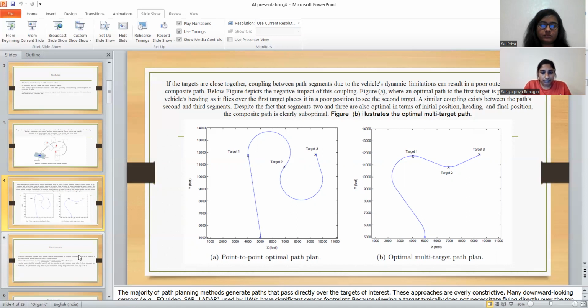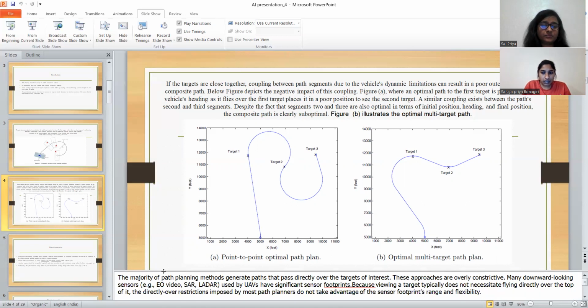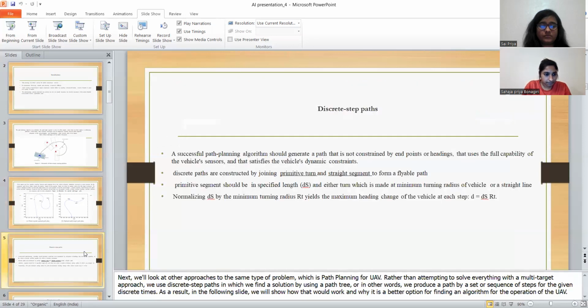The sensor footprint provides information, which is the advantage of being able to use the sensor footprint. Figure 3 clearly shows what happens when you look at closely spaced objects. Although a sensor with a large footprint is advantageous, it increases the complexity of the system. Path planning is really important. Next slide.